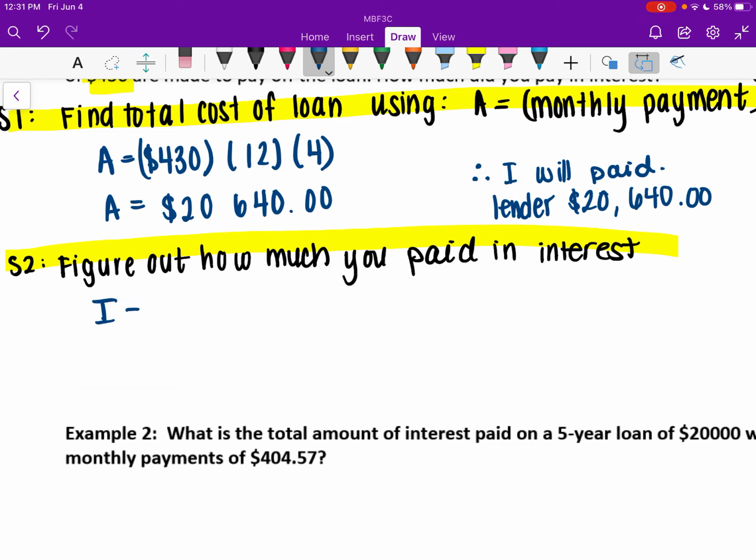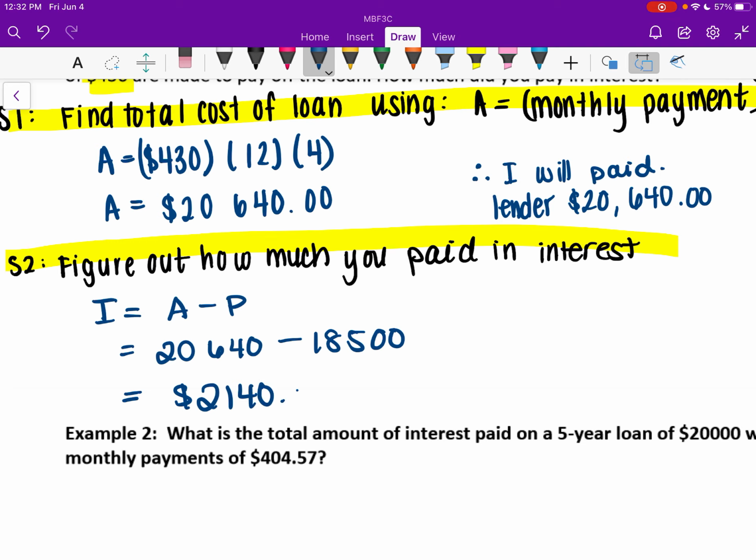Interest is equal to the amount you paid in total minus the principal. So we ended up paying $20,640, and we had initially only taken out $18,500. So if you do the math, you ended up paying $2,140 in interest.